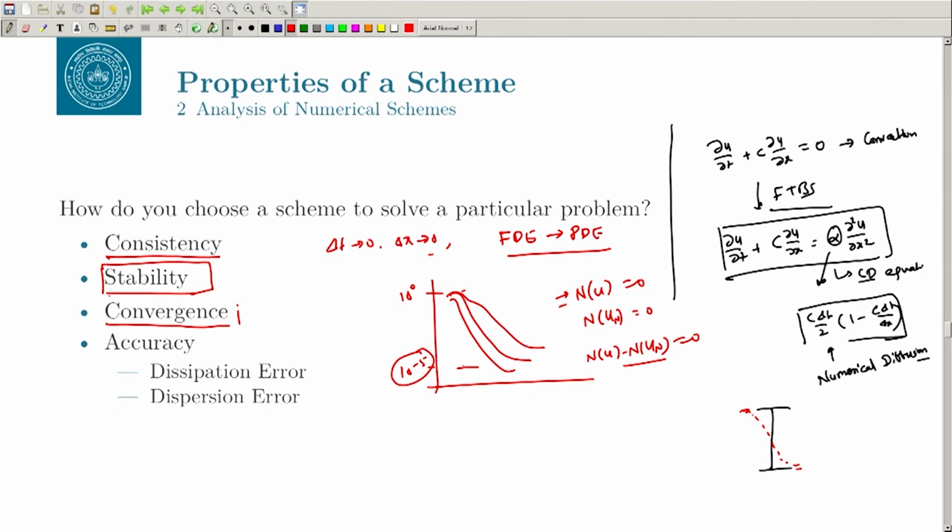Many times you do not know the analytical solution, right. So, there also you have certain measures to find out the convergence. For example, let us say you are trying to solve for mass conservation, so del u by del t plus u del u by del x equal to 0.